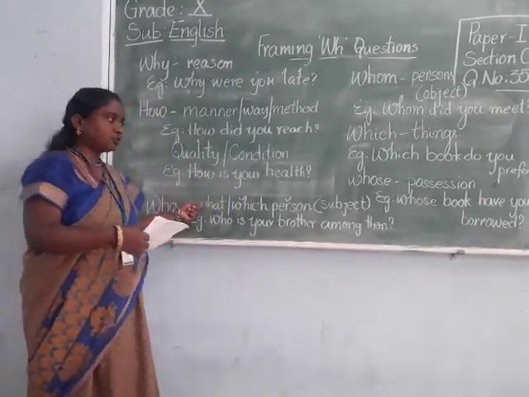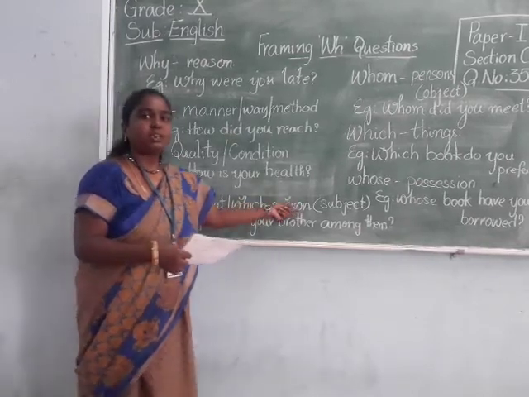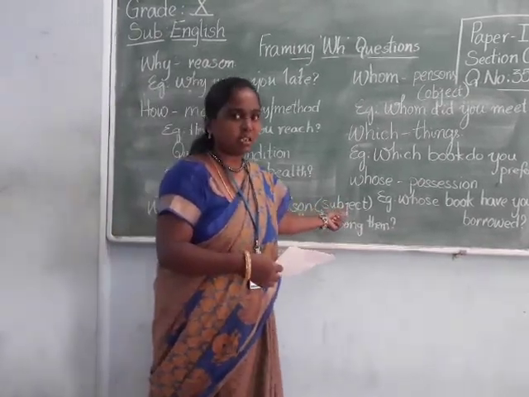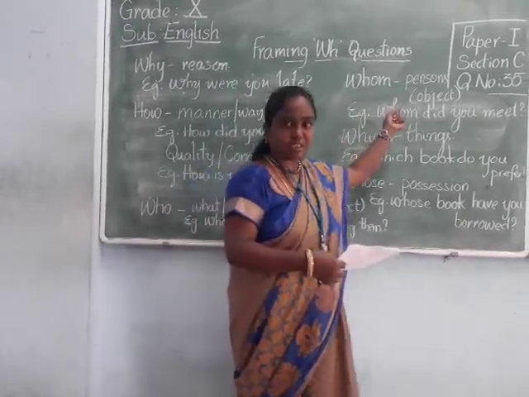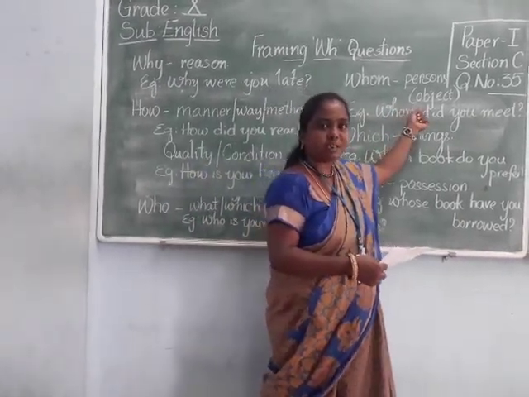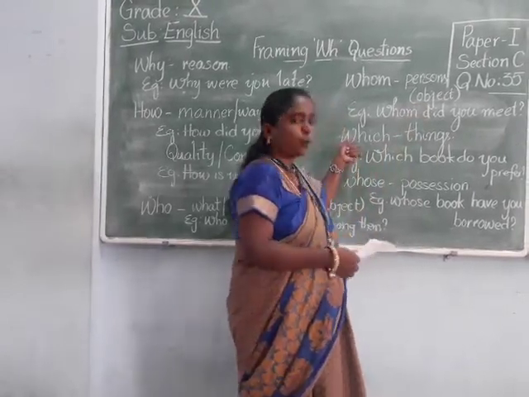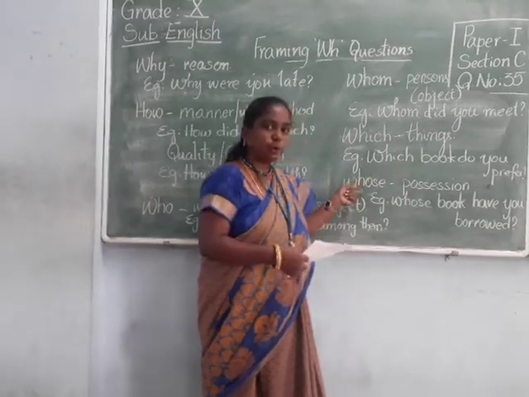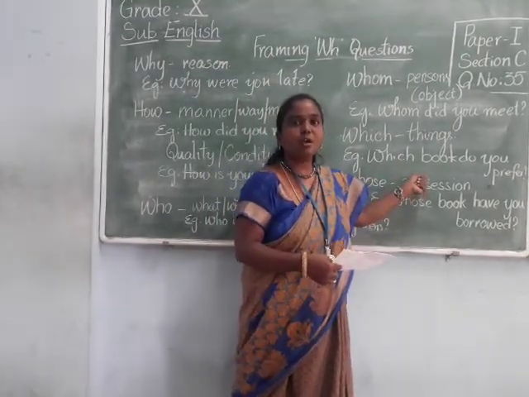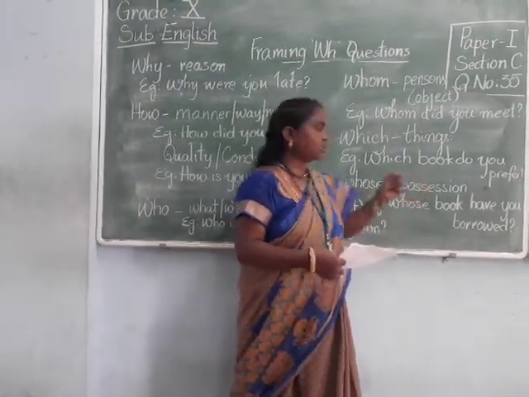Who is asked to know about the person when it is used as a subject in the sentence. Whom refers to the persons when used as an object in a sentence. Which is used for things. Whose is used to know about possession.